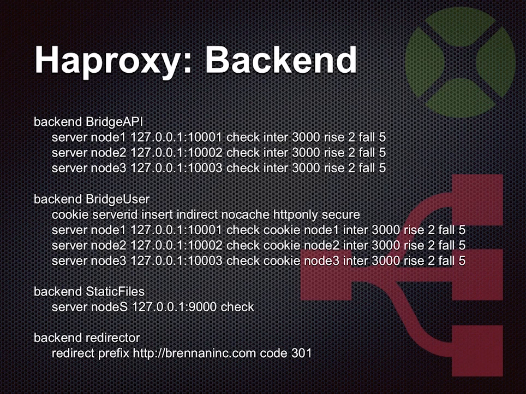This is cookie injection. So what I do is I put another cookie in the request called server ID. And this is how I tag it: node 1, node 2, node 3. And then that just tells HAProxy, when the request comes in, add another cookie to the header called cookie ID when I send the response, for whichever server responded.